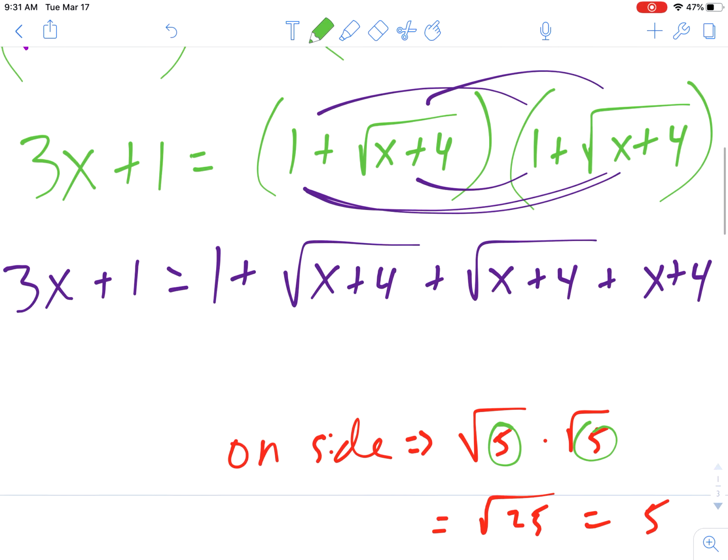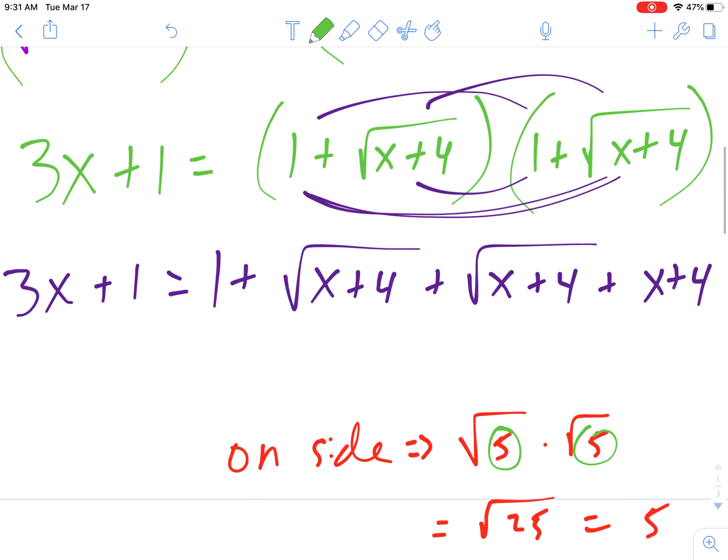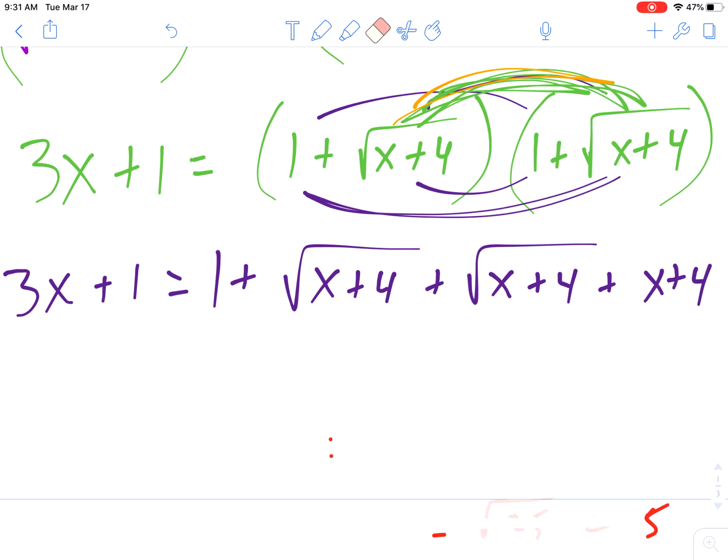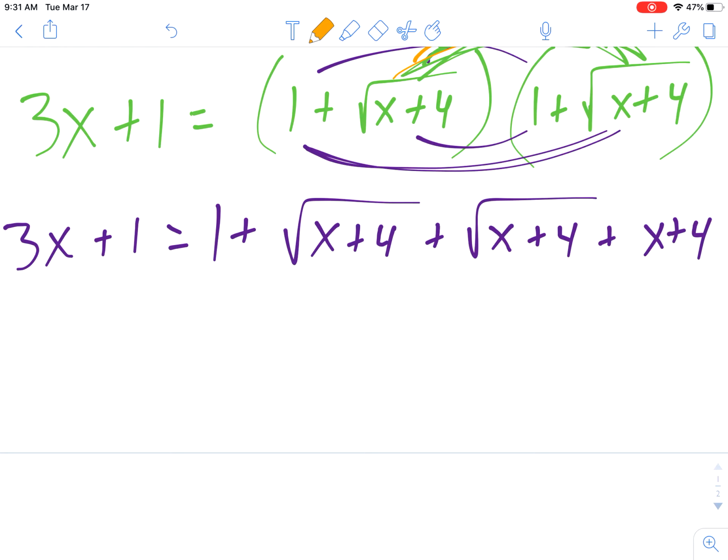Square root of x plus 4 times the square root of x plus 4 just gives you this x plus 4 right here. Okay, so be careful on your signs and all that stuff, but that's the basic procedure for this.